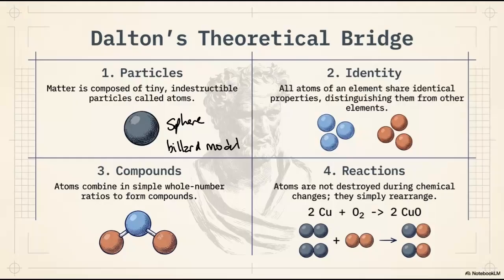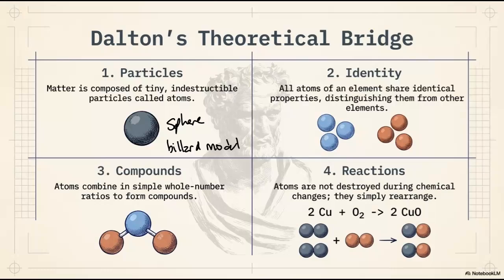He also said, if I have an element of carbon and I pick another element of carbon, they will have the same identical properties because they're the same element. So if an element is made of particles that are of the same type of atom, they have the same properties.